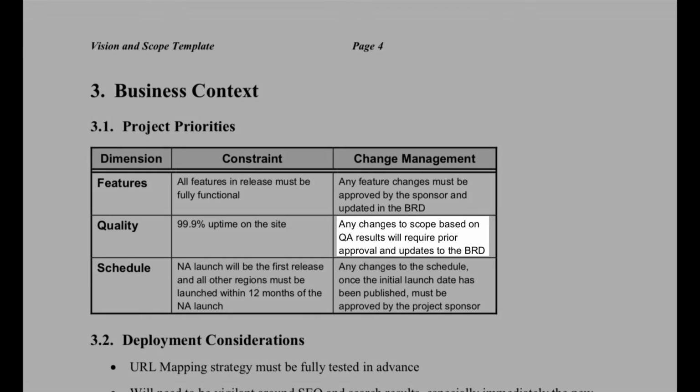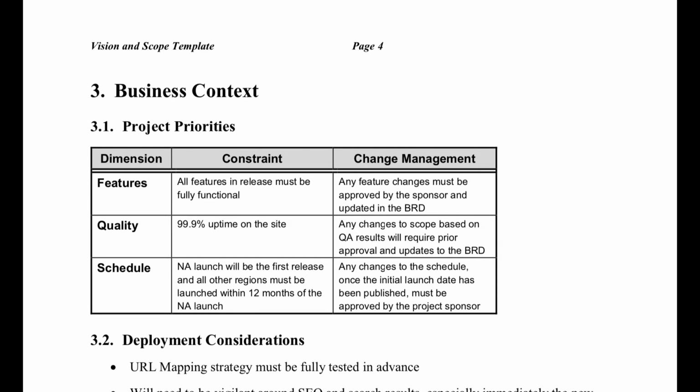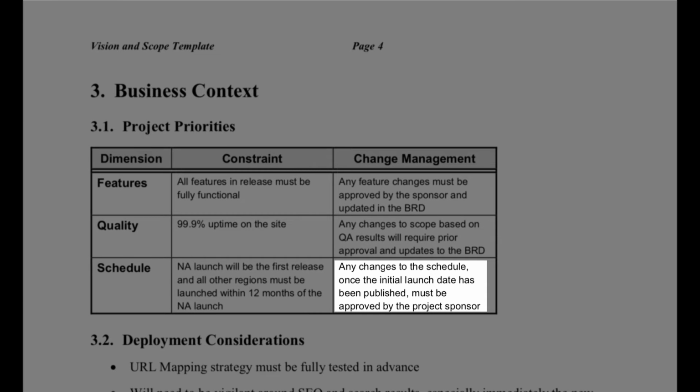Then we have schedule. The North America launch will be the first release, and all other regions must be launched within 12 months of the NA launch. So again, we don't know the timing yet of the NA launch, but we're saying what we said initially in the vision for the document, that all of the regions should be up and running by 12 months after the launch of the North America website. Any changes to the schedule once the initial launch date has been published must be approved by the project sponsor.